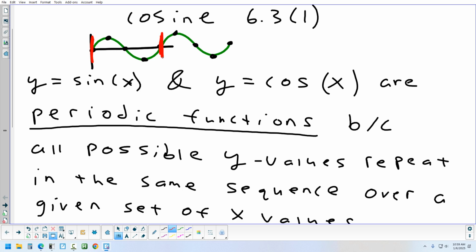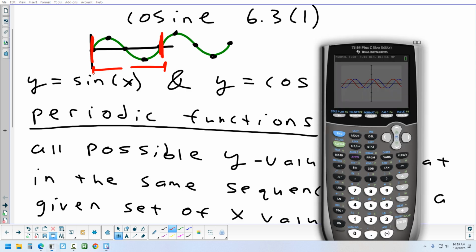So the 0, 1, 0, negative 1 pattern will keep repeating itself over that distance. Anybody have a guess how far that distance is? It is 2 something if you measure it in radians.